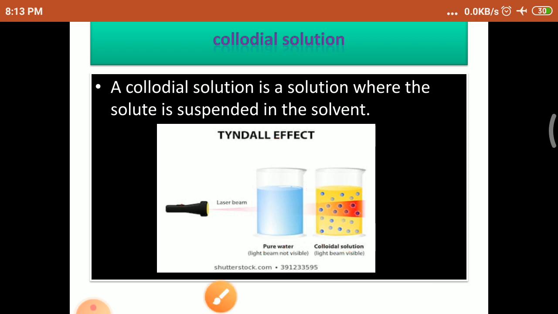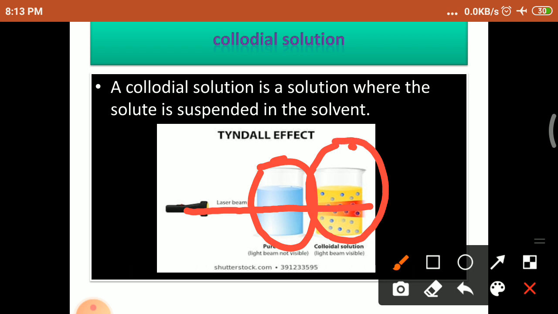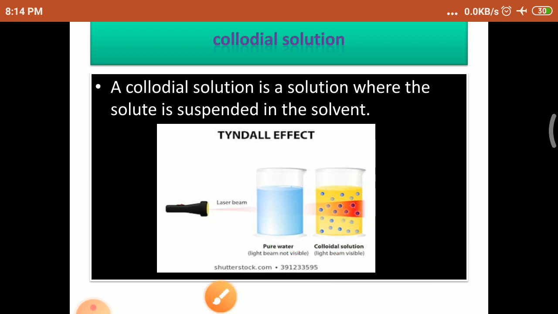So when the light ray passes through these beakers, we cannot see the light beam in the pure water, but we can see the light beam in the colloidal solution. How? Because these suspended particles scatter the light. Due to that scattering, the light beam is visible to our eye. So this effect is called Tyndall effect.